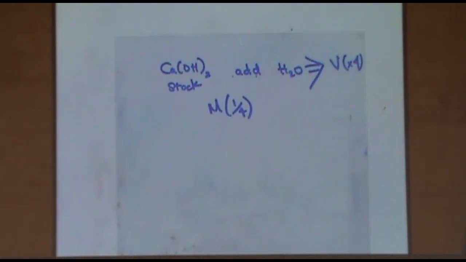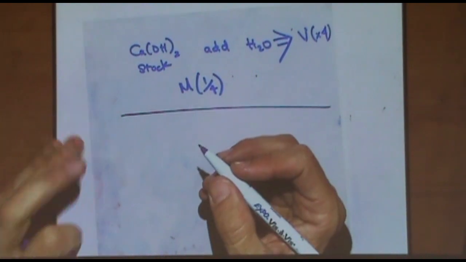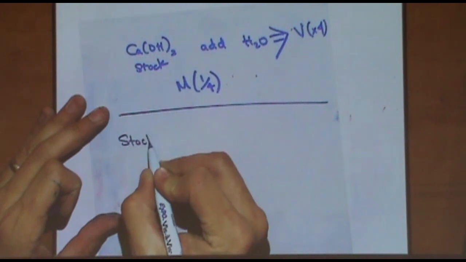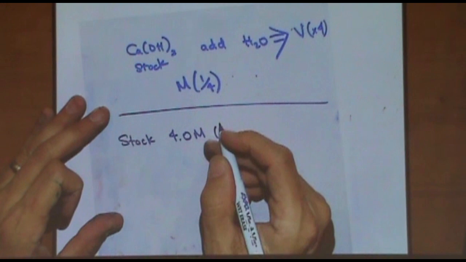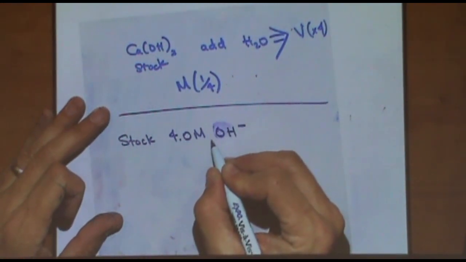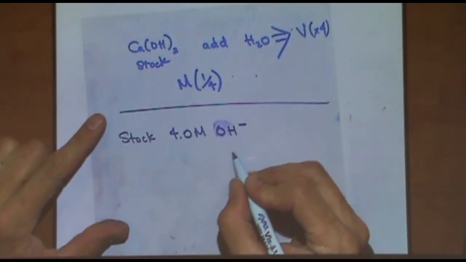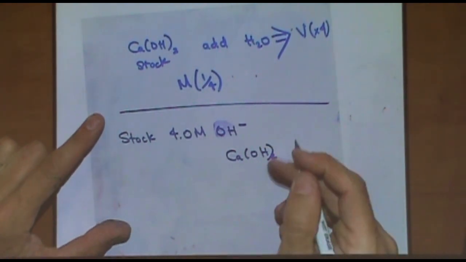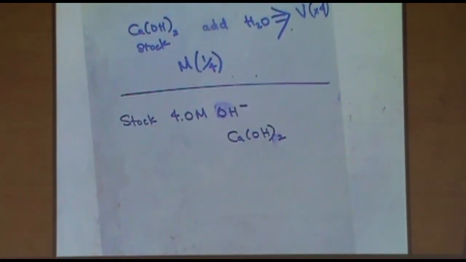Okay, so let's break the problem down. If the stock solution is 4 molar in hydroxide, so it's 4 molar in the hydroxide ion, but we're not talking about the hydroxide ion, we're talking about this. In case you can't do it in your head, I'm going to write it out.